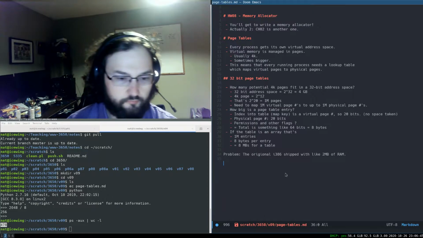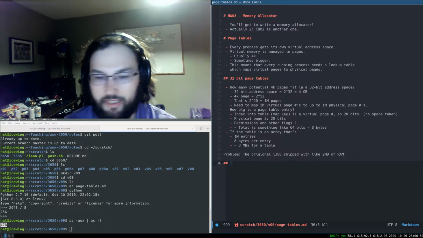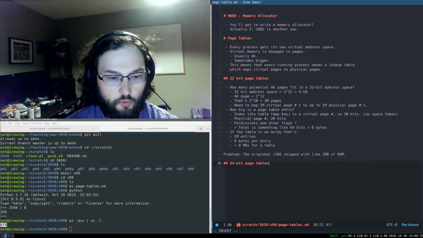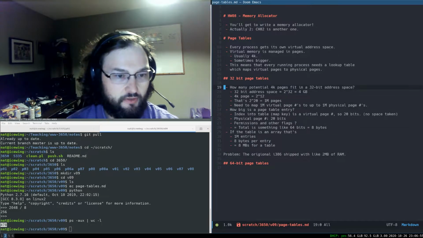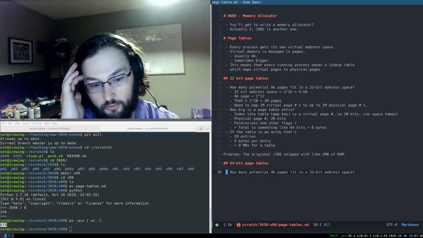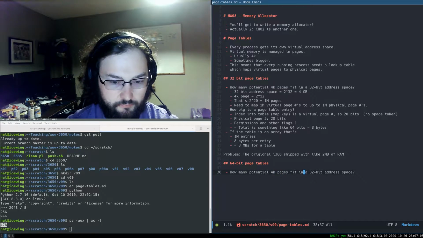Let's make it even worse. Let's look at 64-bit page tables. So how many potential 4K pages? It's still 4K by default on both 32 and 64-bit Intel style systems.